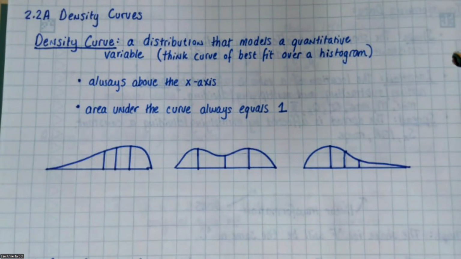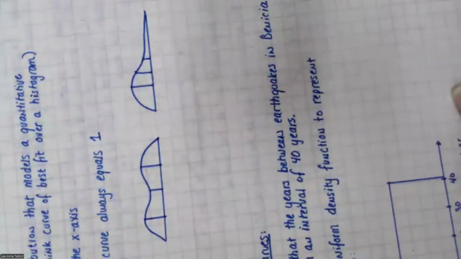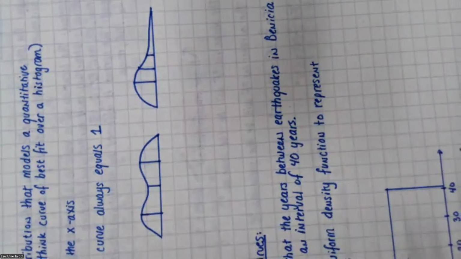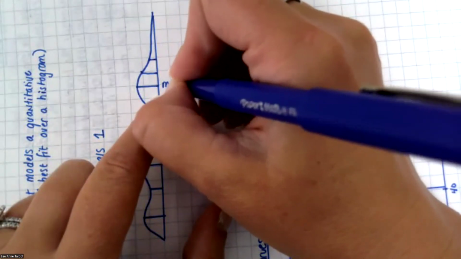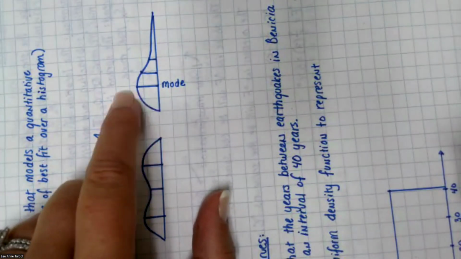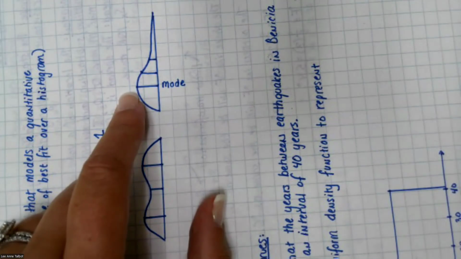Okay, now we're going to go back to some chapter 1 stuff. Turn your notebook sideways. We're going to write what these statistics would be. I want to remind you that the mode should be the highest point in your curve and also the highest point in your histogram.